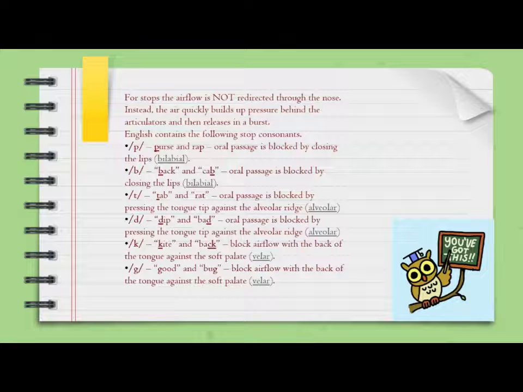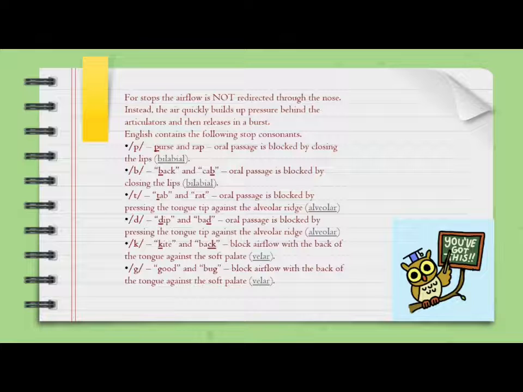Oral passage is blocked by closing the lips, bilabial. The second one is b, as in back, and cap. Oral passage is blocked by closing the lips, bilabial.